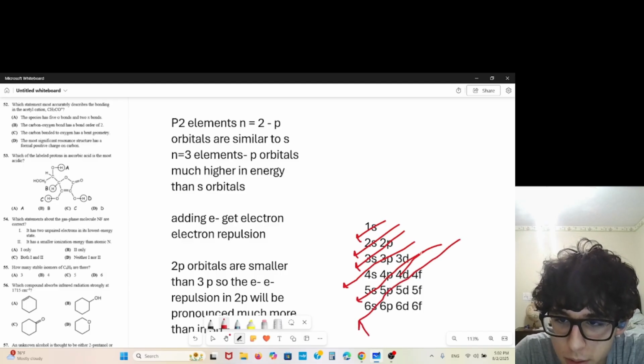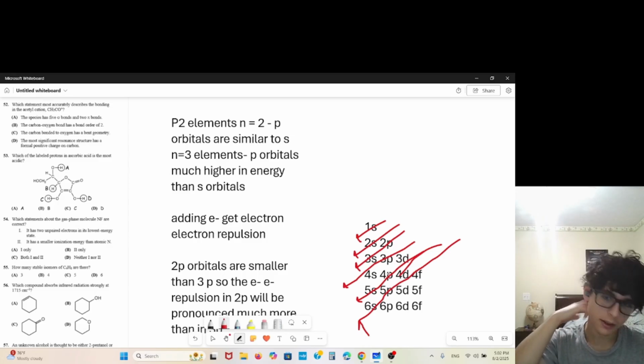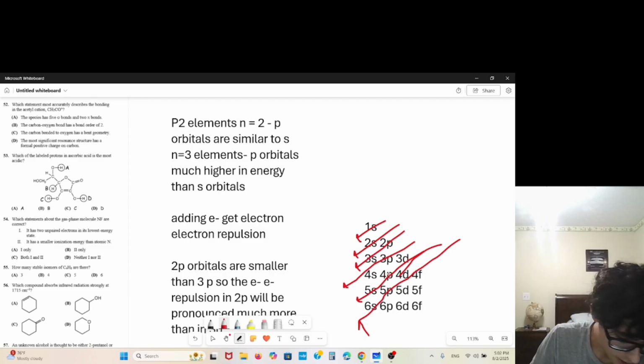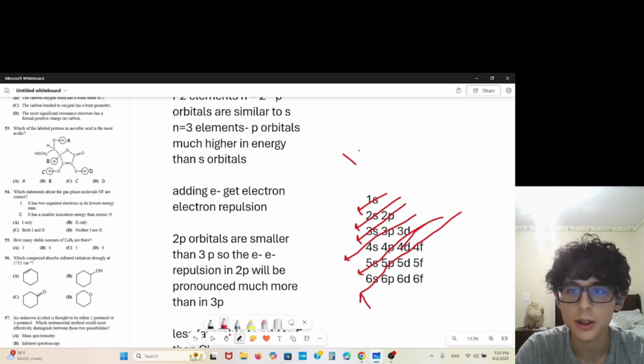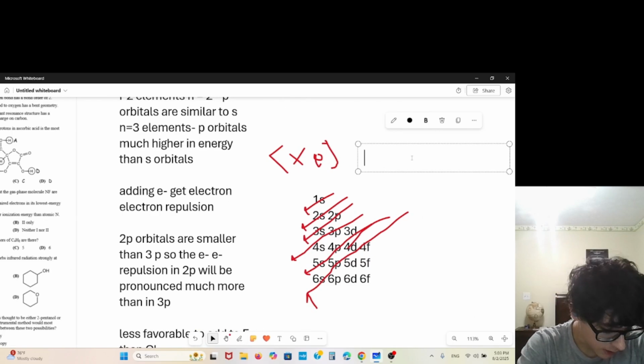So you just keep going. So 3d10, 4p. If you think about it, right? Gold's electron configuration, you're going to have Xe in pseudo-noble gas configuration, and you're going to add 25 electrons. So it's going to be Xe, and Xe is 5p, right?